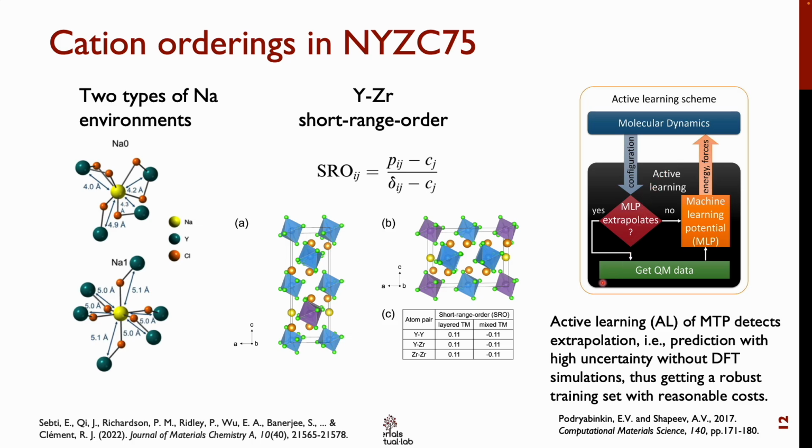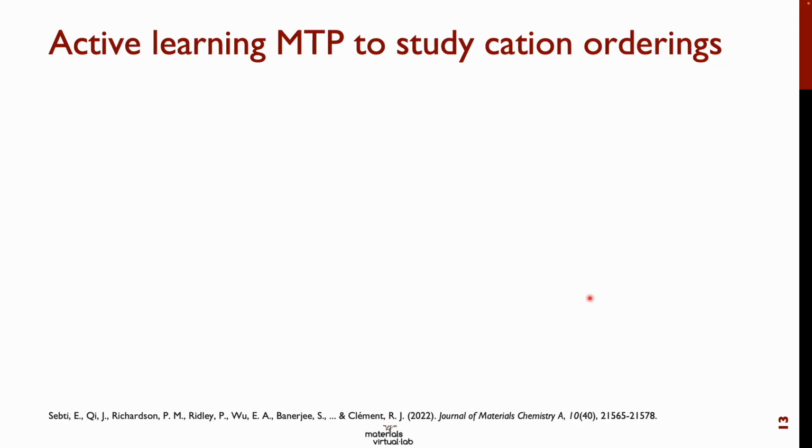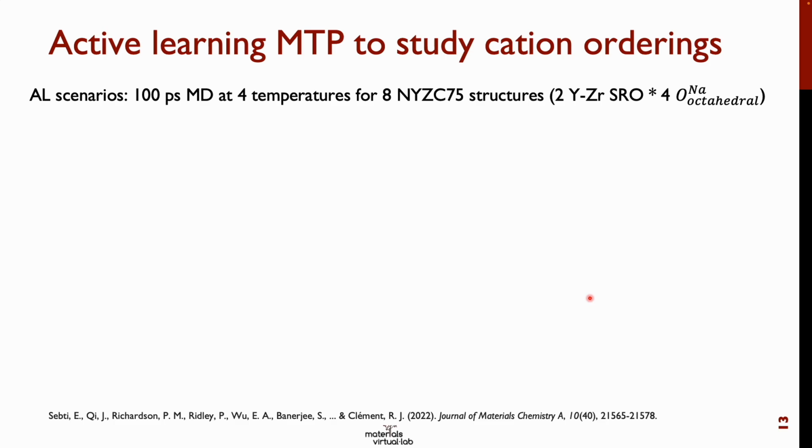So with this method, you can imagine we don't need to perform DFT in order to evaluate the test error for each MD snapshot, and that enables us to evaluate a lot more snapshots during the test process. And more importantly, we get rid of AIMD in the generation step of training structures. So with this workflow, we perform active learning on a lot of cases.